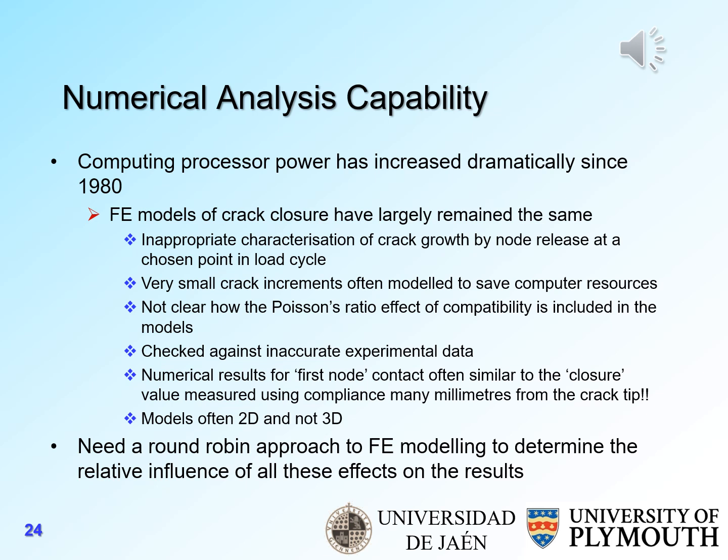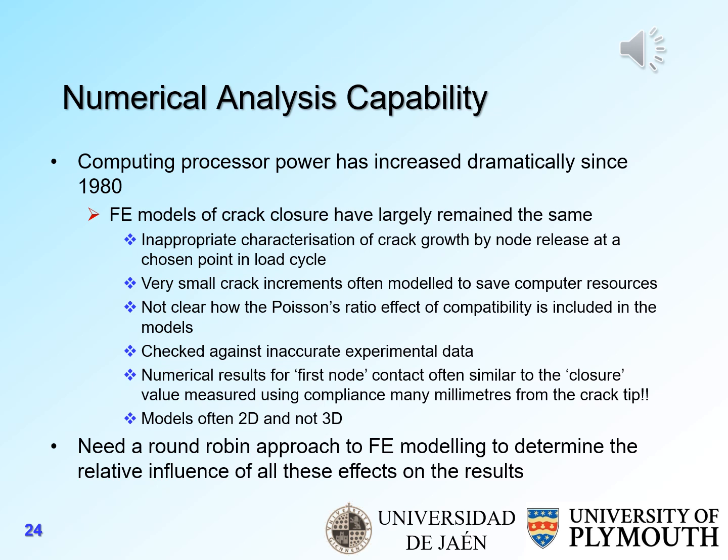It's not clear how the Poisson's ratio effect on compatibility would be included in FE models. It's checked against often inaccurate experimental data, and as was first noted by Anders Blom in the early 1980s, it's odd that numerical results for first node contact, which is usually about 10-20 microns, are similar to the values measured for closure using compliance and crack mouth clip gauges or backface strain gauges, which are positioned many millimeters from the crack tip.